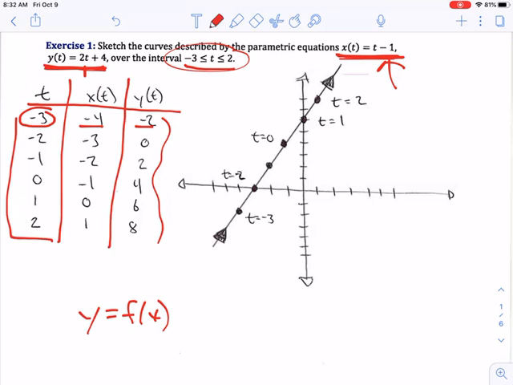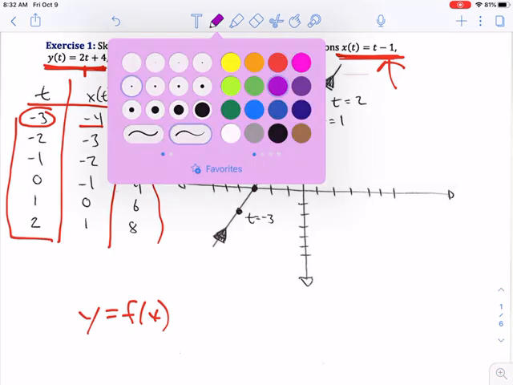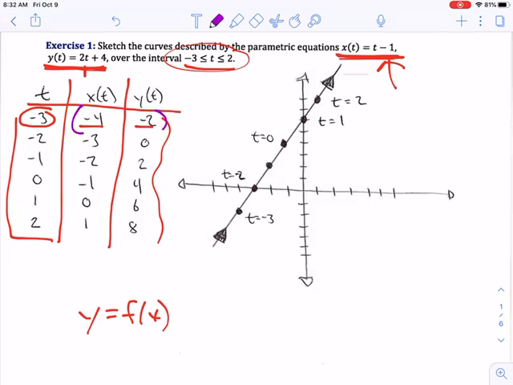So what we essentially have here now is an ordered pair. We have an x and a y value, an x and a y value, an x and a y value. So all of these are our ordered pairs in the Cartesian coordinate system. And so we want to plot those.